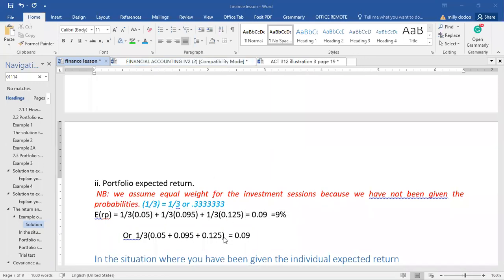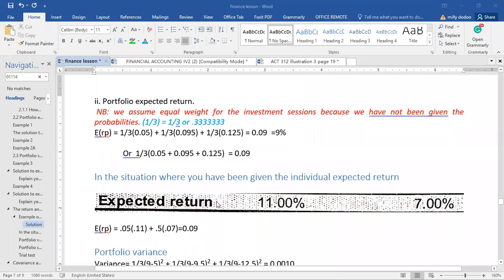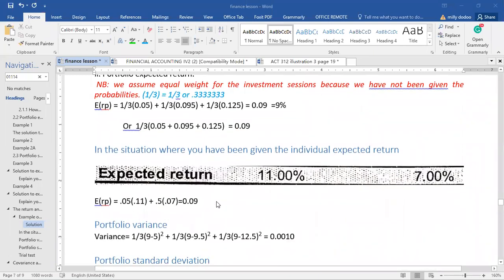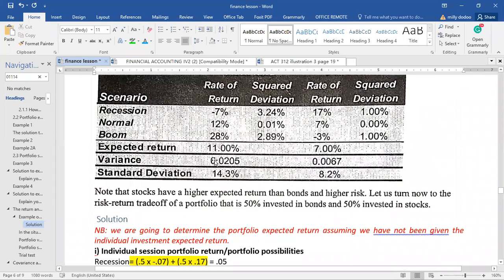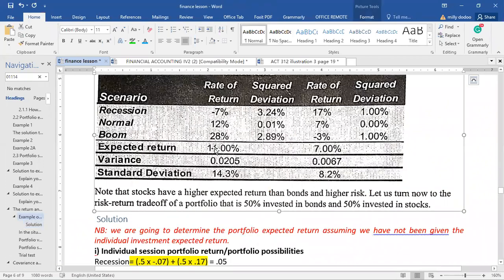So we went ahead and said, let's also determine the portfolio expected return, the 9%. Let's see how we also find it if you have been given the individual expected returns. Are you getting the scenario? To find that, we know the weight of the investment was 50-50, and you have been given the expected returns to be 11 and 7.